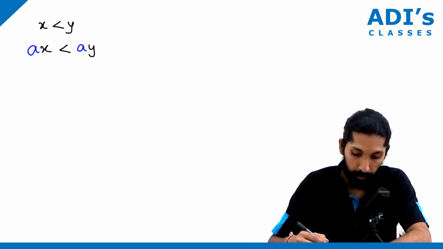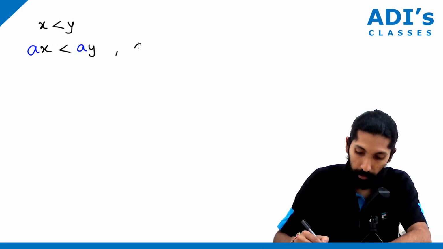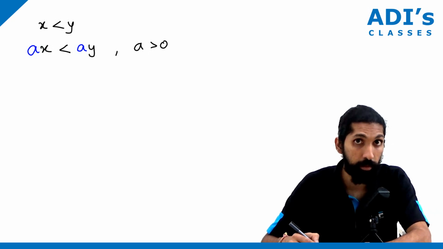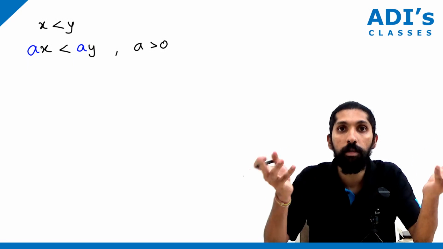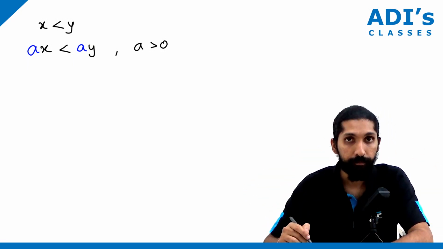Alright, a into y. Of course, there's a condition, provided a is greater than 0. Greater than 0, not greater than or equal to, because when it's equal to 0, then x is equal to y. That's why. So a is greater than 0.